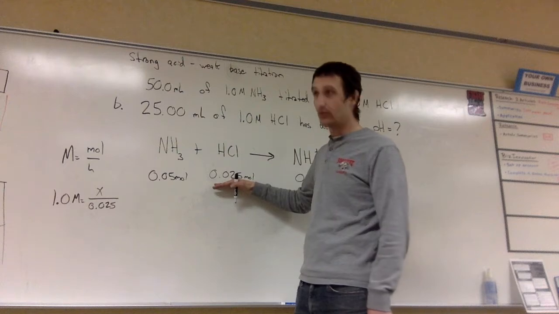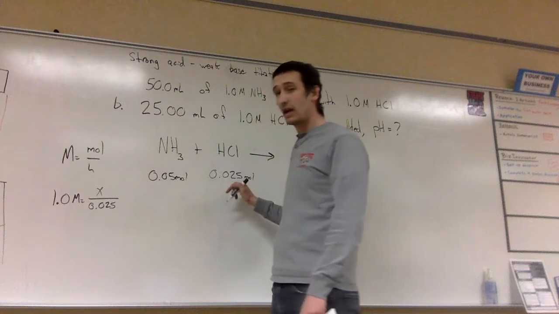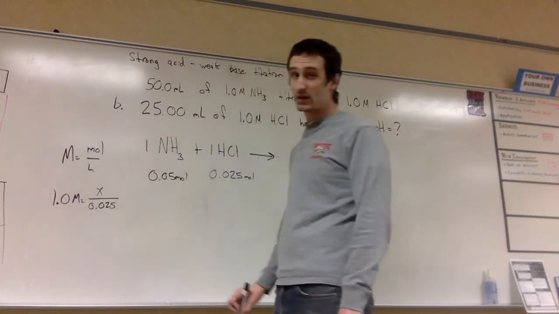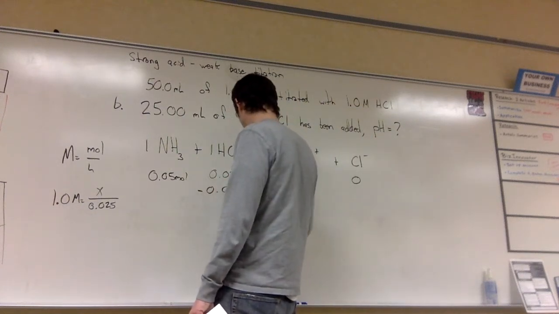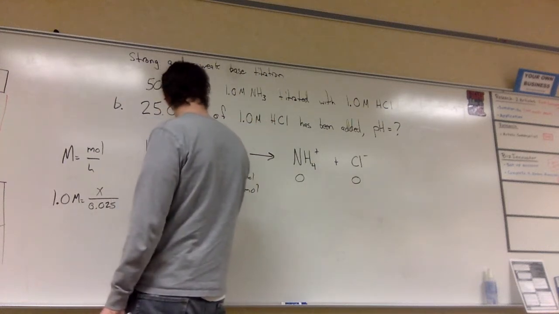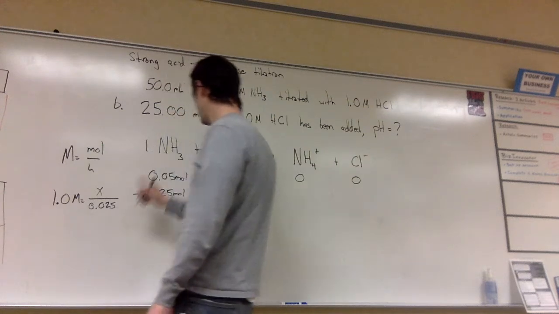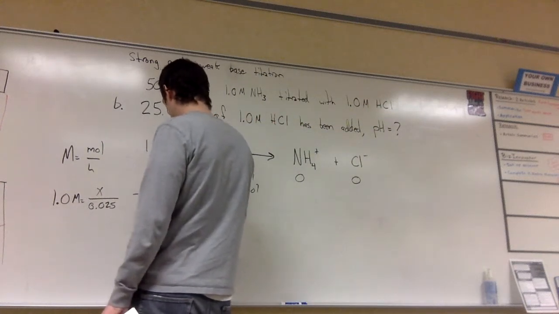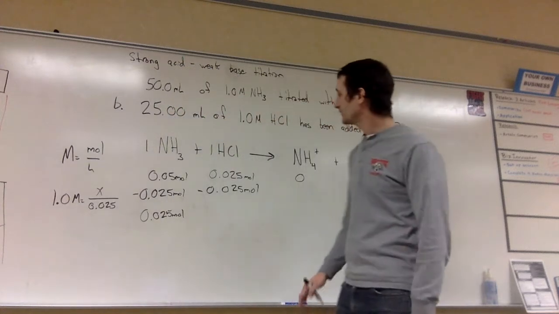The HCl gets used up as it reacts with the NH3, in a 1-to-1 ratio, those are the coefficients in the balanced equation. So all of the HCl is used up. We use up 0.025 moles of the NH3, which means we are left with 0.025 moles of NH3.